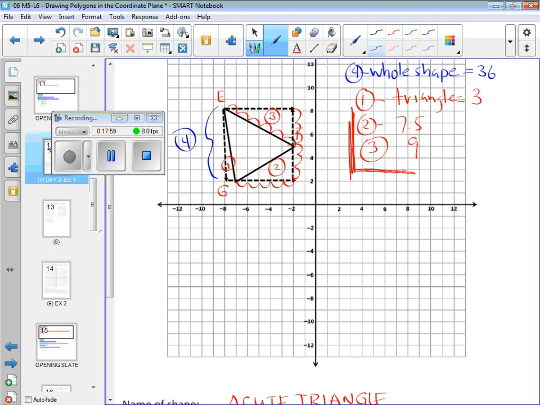And I've got to make sure I subtract that from 36. What do you get? Final answer? What do you get? 16.5 square units.